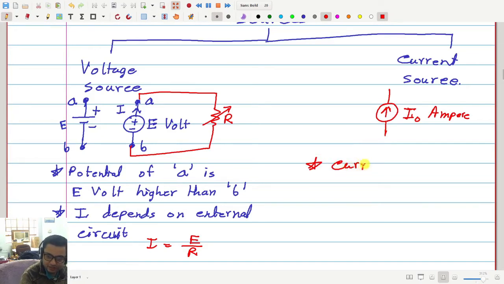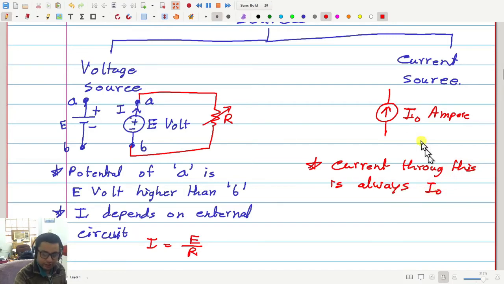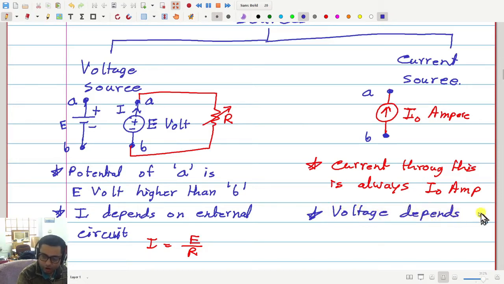So the current through this is always I naught ampere. That is the value of the source. However, the voltage that appears across the two terminals A and B depends on what is connected across it. So the voltage depends on the external circuit.